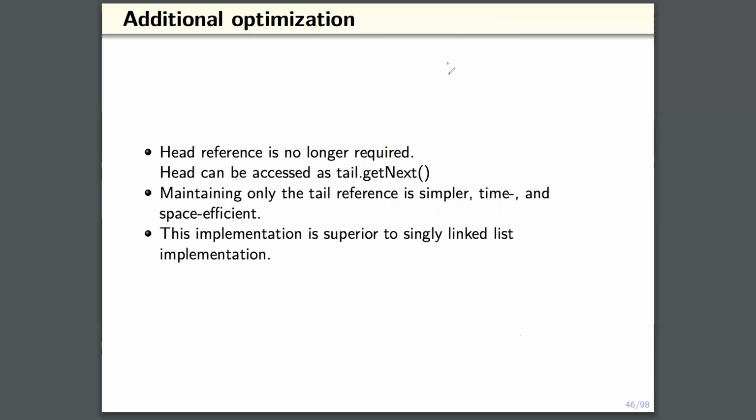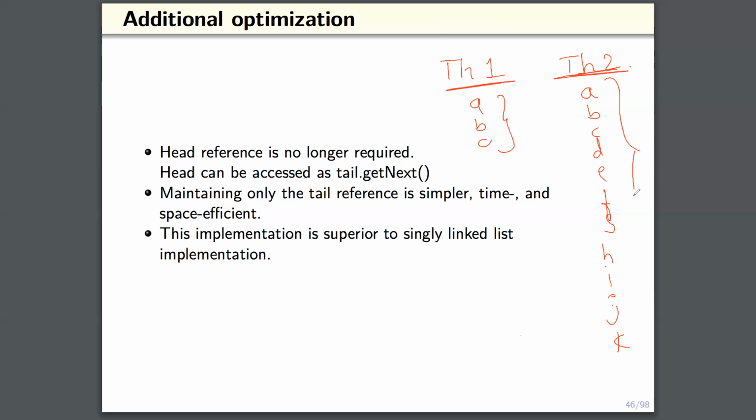The idea is, suppose there are two theories, theory 1 and theory 2. Suppose the requirements here are, say, A, B, C. The requirements here are A, B, C, D, E, F, G, H, I, J, K. Both theories are explaining the world using some assumptions or constraints like this.